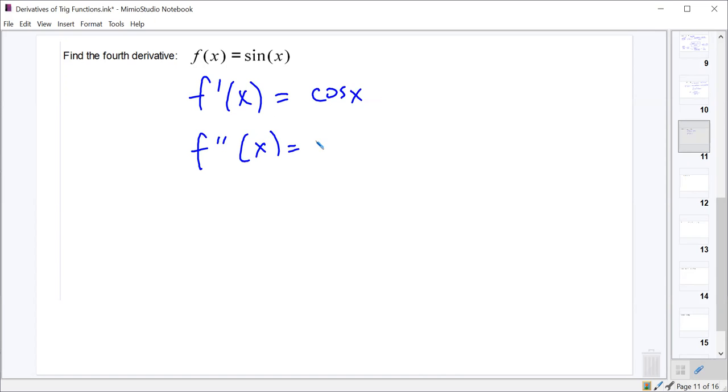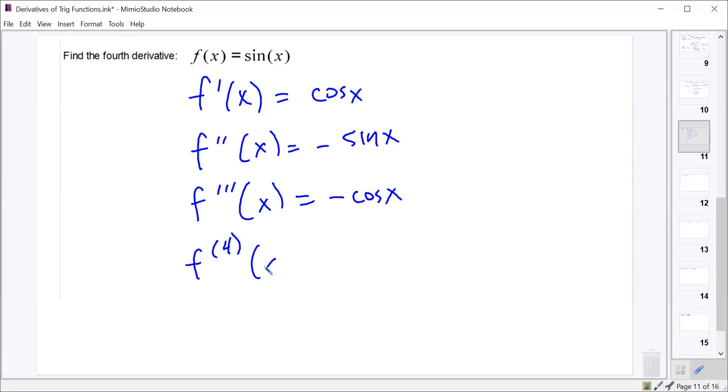Yep, derivative of cosine is negative sine. What about f triple prime? Negative cosine, good. And what about the fourth derivative? So you go right back to sine x? Positive sine of x, exactly.